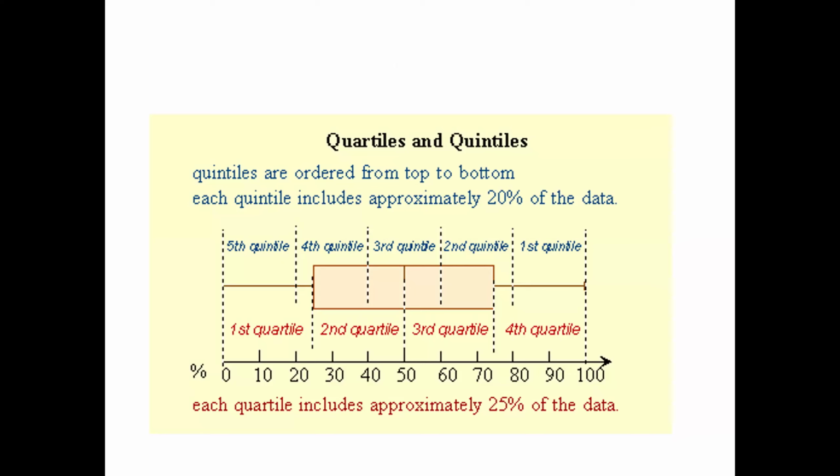Look at this picture: the upper part is using quintile, the lower part is using quartile. Quartile has 3 lines that divide into 4, while quintile has 4 lines that divide into 5, 20% each. Quintile is used more when you are doing a study on socioeconomic status.